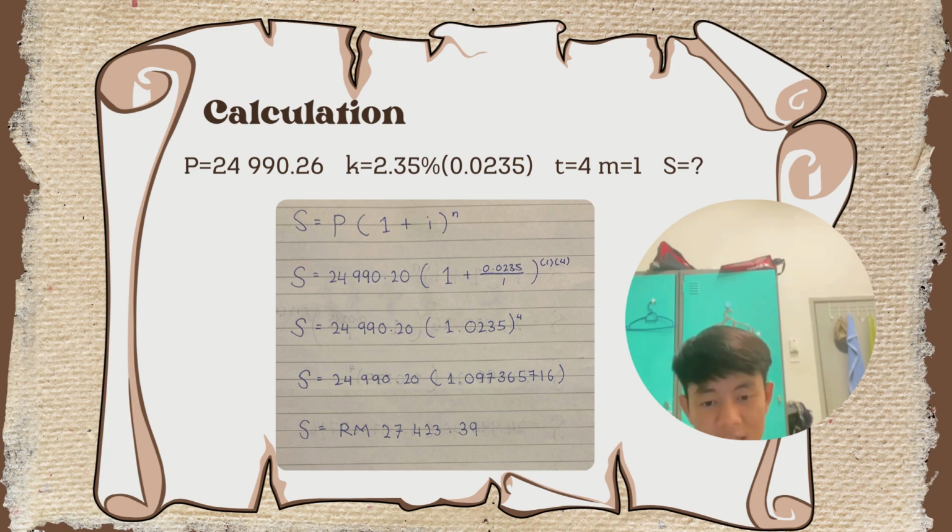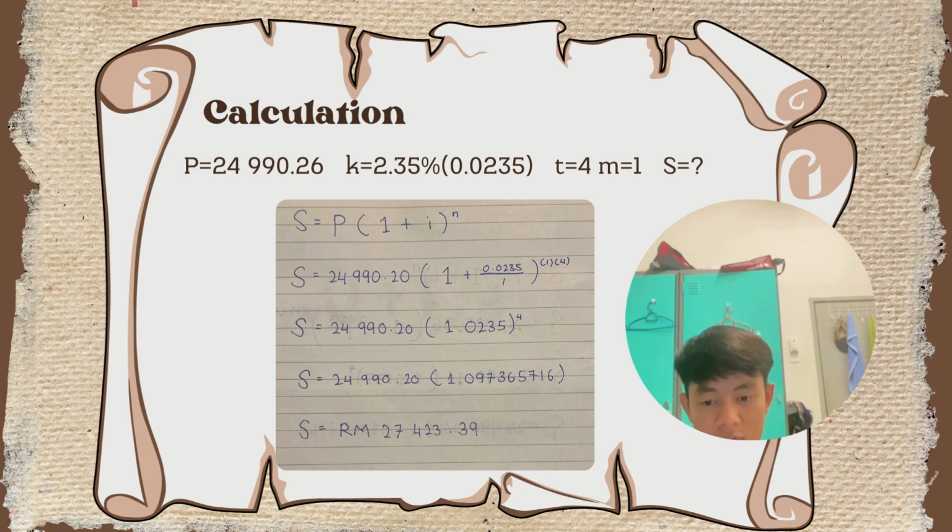It is because N equals M times T, and I equals K over M, which is 0.0235. So the equation is S equals 24,920 cents, open the bracket, 1.0235, close the bracket to the power of 4, and settle the equation.